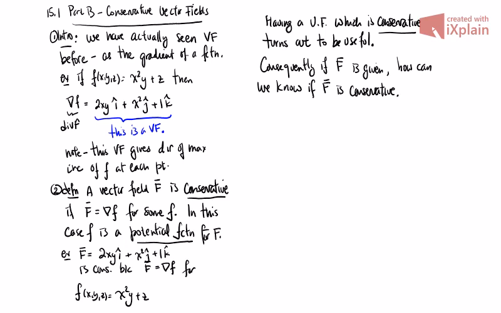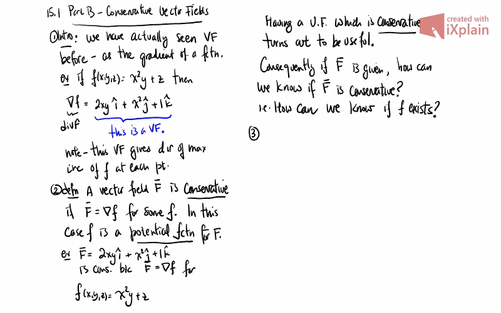In the previous example, we knew because we started with a little f, but in this case, how can we know if little f exists? Knowing whether this exists and then finding it will be relevant.